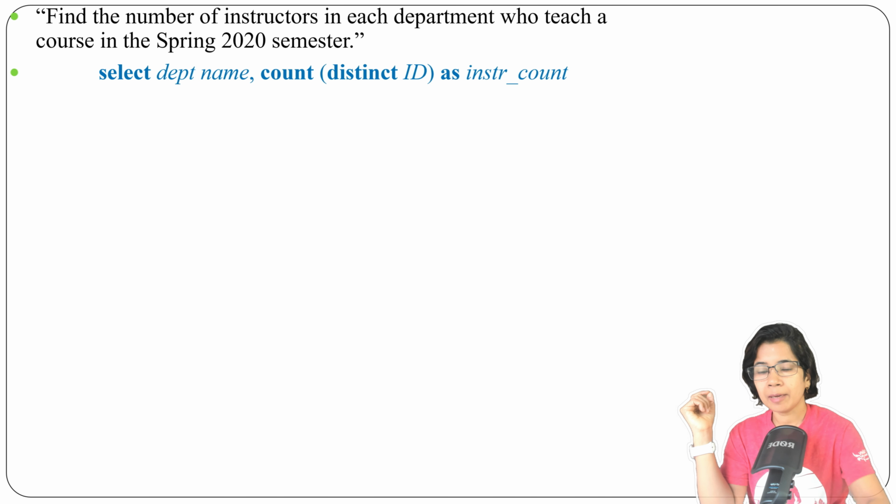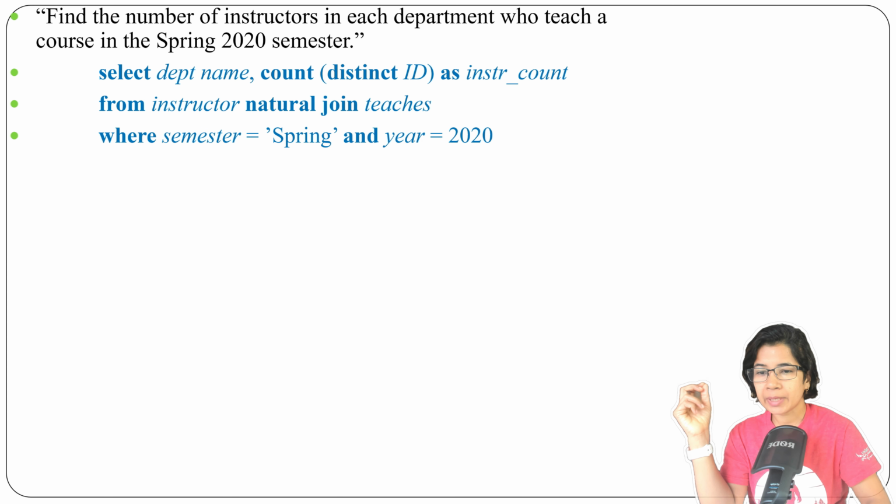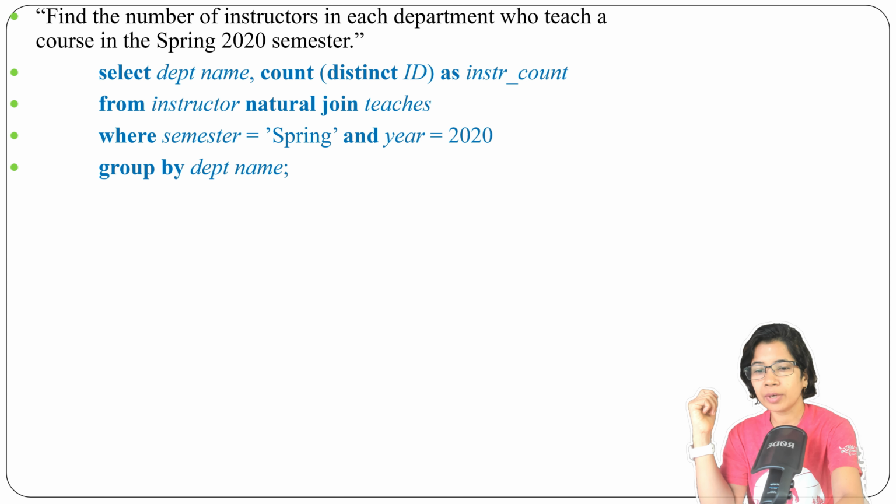Select department name, count distinct ID as instructor count, from instructor natural join teaches, you are getting output from two relations, one is instructor, another is teaches, where semester equals spring and year equals 2020. Group by department name.